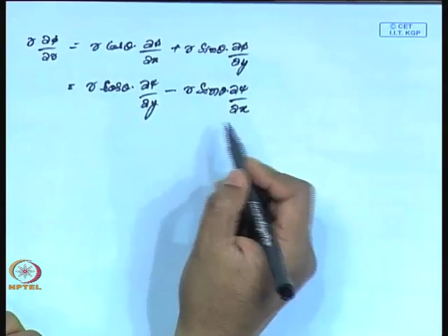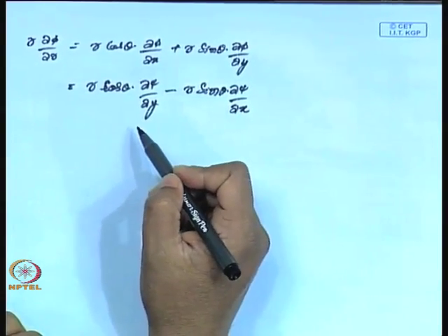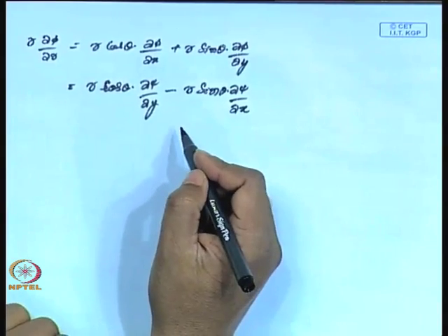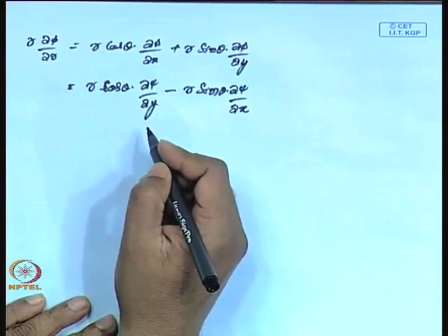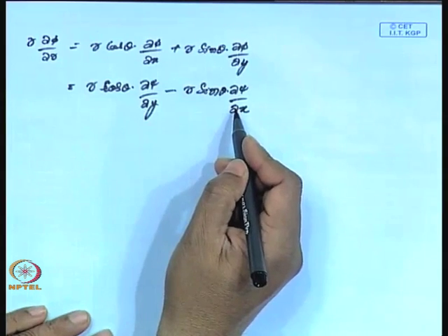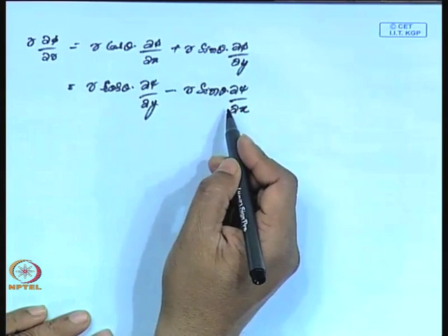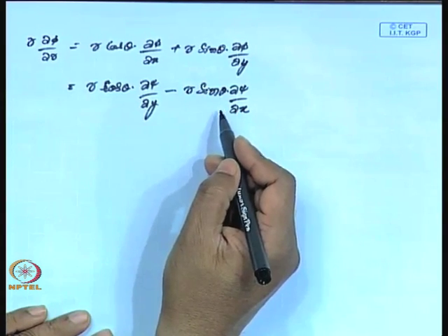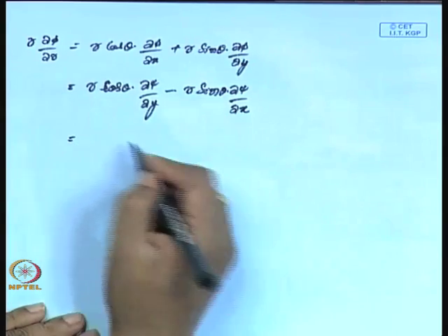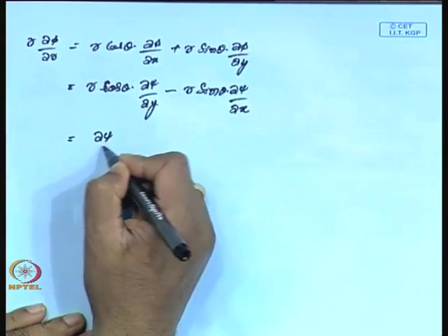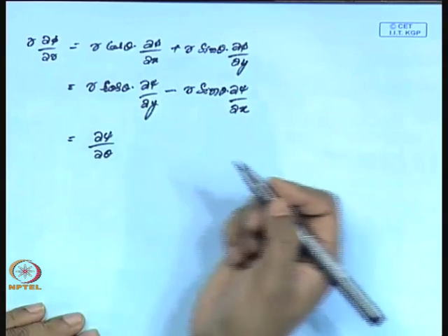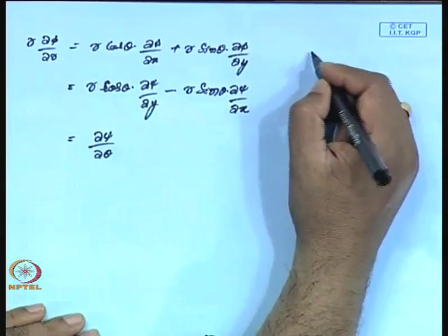Now, if I go back to my previous page, I had del phi by del theta.